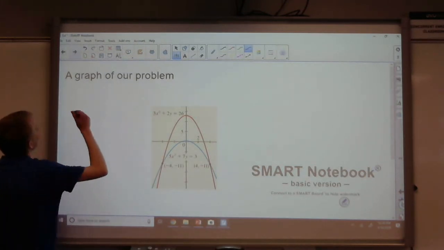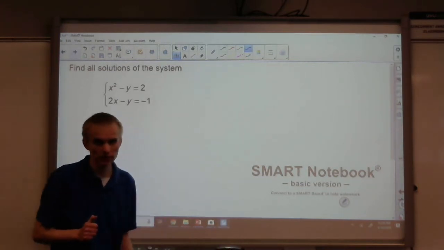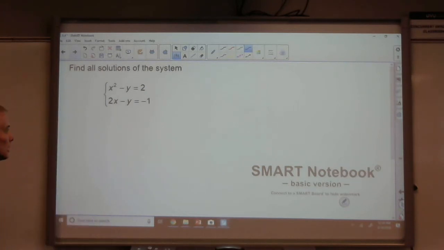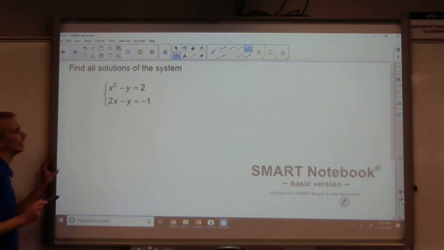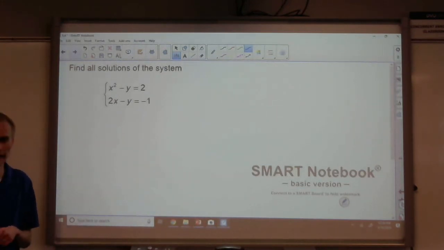Pretty cool, too. Okay, so let's do just one more example of this with the algebra, okay? Kind of work through our steps here. And then we're almost done, okay? So I've got an equation here. x squared minus y is 2, and 2x minus y is -1, okay?